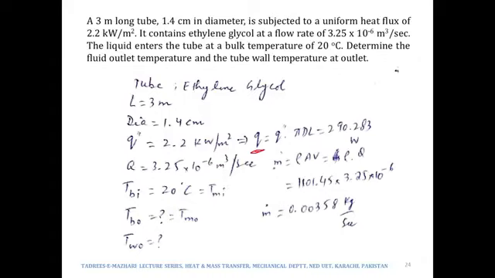So mass flow rate can then be found out using the continuity equation, the product of density, area and velocity. So A and V can then be written as Q, where Q is the volume flow rate. So Q is equal to AV. So we will get the mass flow rate as 0.0035 kilograms per second.